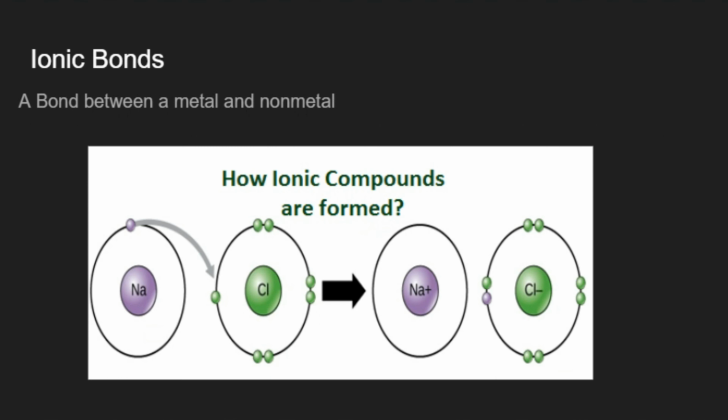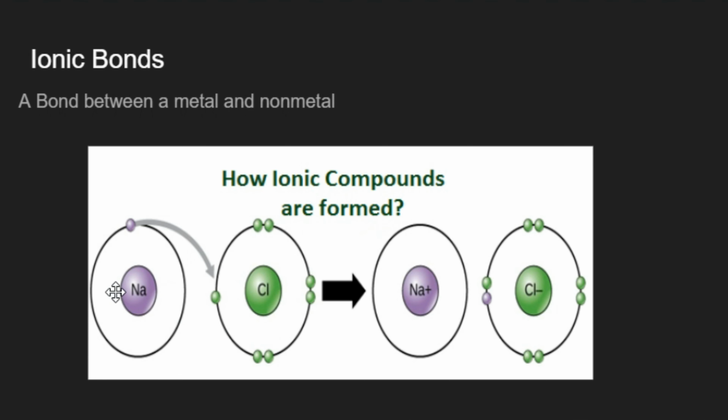One of them is ionic bonds. This is basically a bond between a metal and a non-metal. This bond is formed by the transfer of electrons from the metal atom to the non-metal atom.